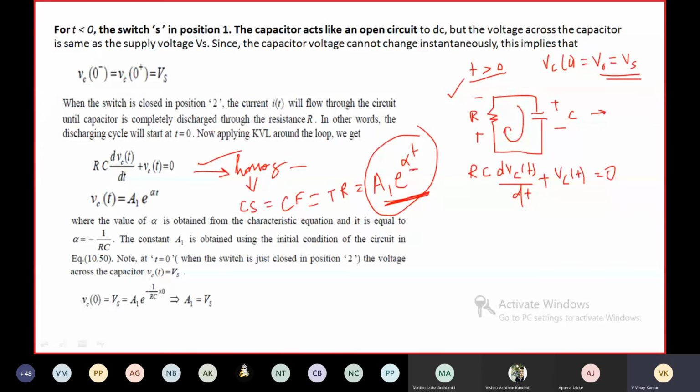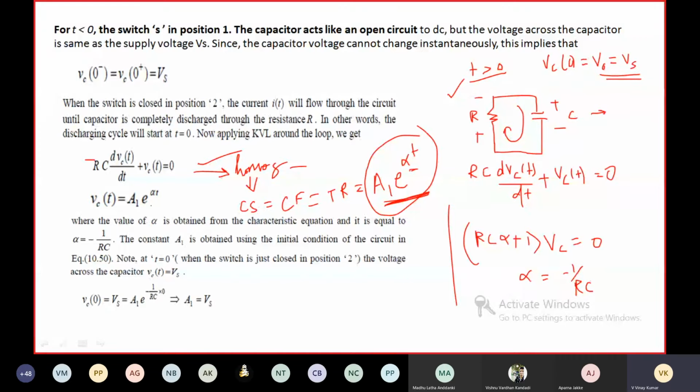To find alpha, take this equation: RC alpha plus 1, where alpha is the differential operator d by dt, into Vc is equal to 0. From this, alpha is equal to minus 1 by RC.